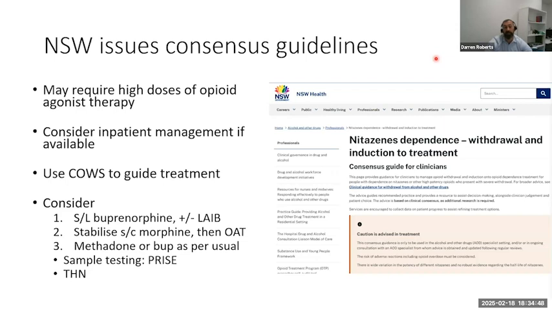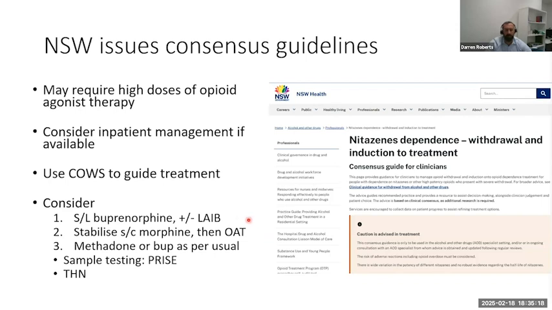This is based on a small number of cases that presented, but what was noted was that these patients generally needed very high doses of opioid agonist therapy. And so the overall considerations were, if someone is dependent on nitazene and develops withdrawal, it'd be best if they're managed in an inpatient setting to help facilitate rapid initiation of opioid agonist treatment, use COWS to guide treatment, and a number of different options were put forward.